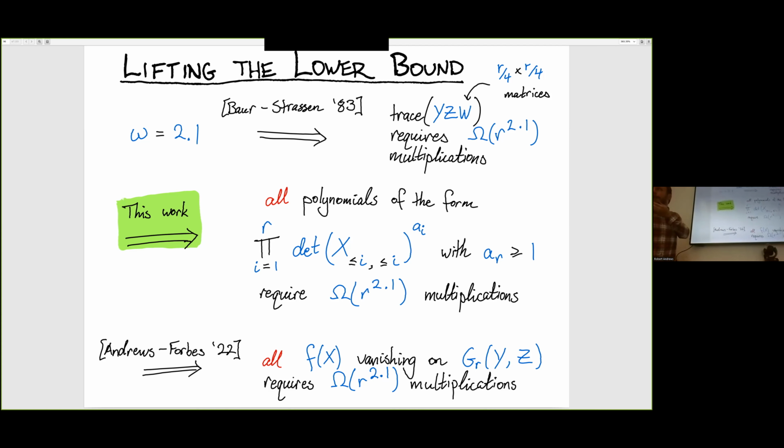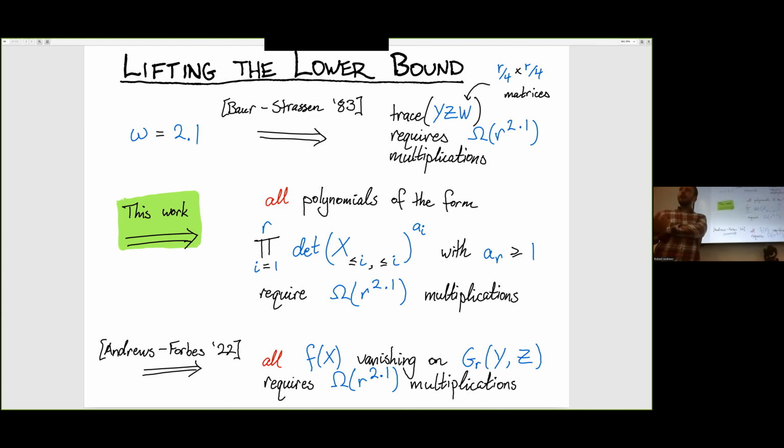So again, the punchline of this slide is that you have this n by square root n by r times r by square root n matrix multiplication. This is your G, and you're plugging this into some F that's computed by a small circuit.